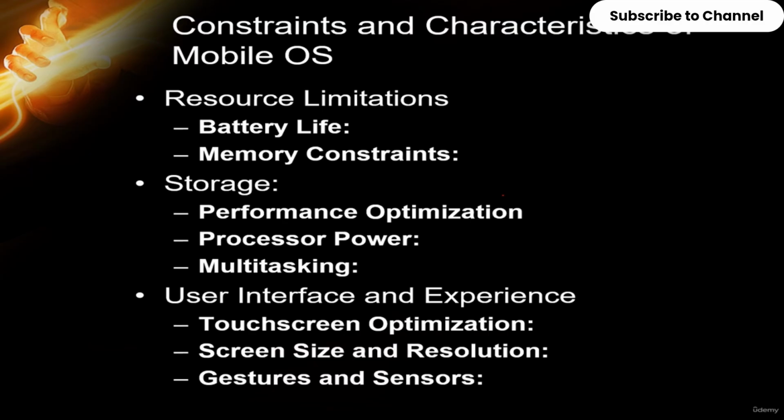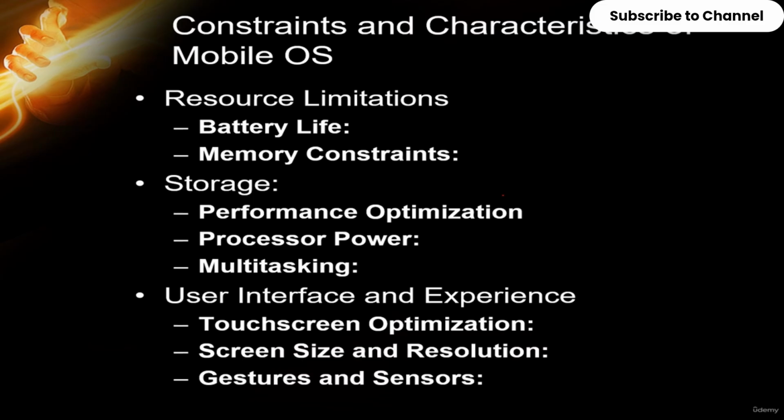And the connectivity and communication protocols like voice calls, messaging, video calls, internet browsing, social media integration, everything should be done properly. Not only that, multimedia support also needs to be considered, like multimedia playback, recording, streaming, integration with camera hardware, photo and video capture.